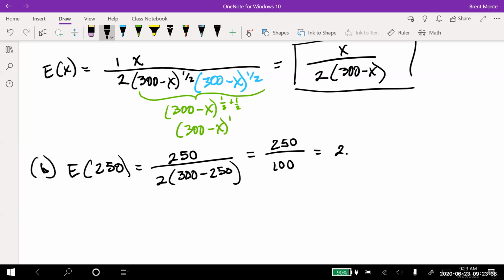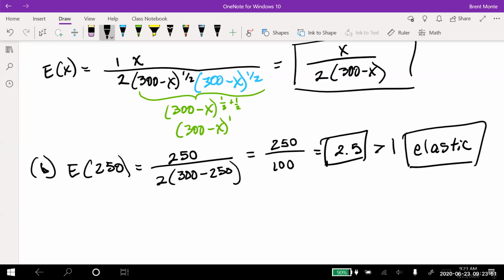So I get 2.5. That's greater than 1. So I say, oh, this time it's elastic. And in fact, what I want to do this time is I want to decrease the price to maximize revenue.